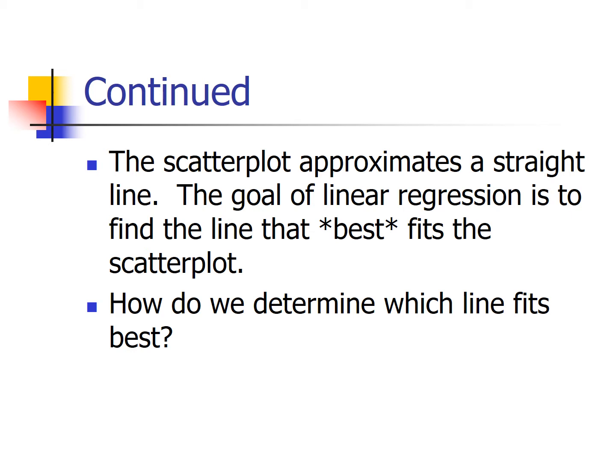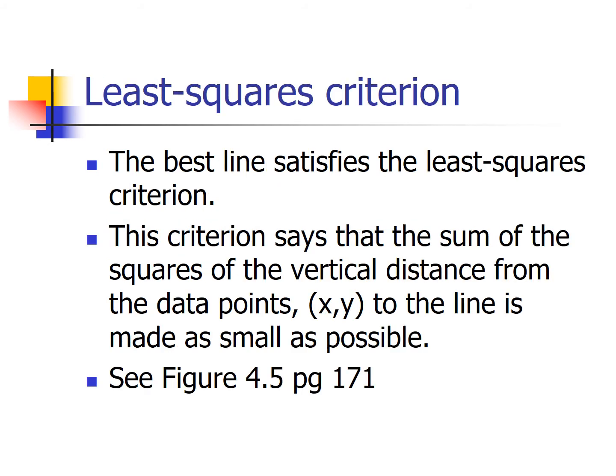That is, what is the single best line that fits this particular scatter plot as perfectly as possible? How do we find the line that best fits a given scatter plot? Well, what's typically used in practice is this thing called the least squares criterion. So the best line satisfies this least squares criterion.